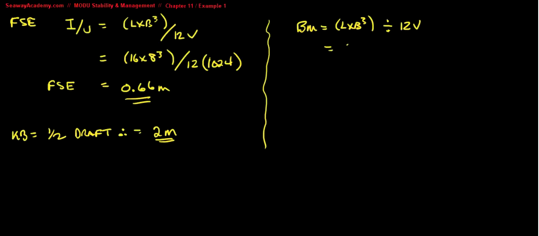So that's going to be 32 times 8 cubed, divided by 12 times 1,024. So our BM is 1.33 meters.